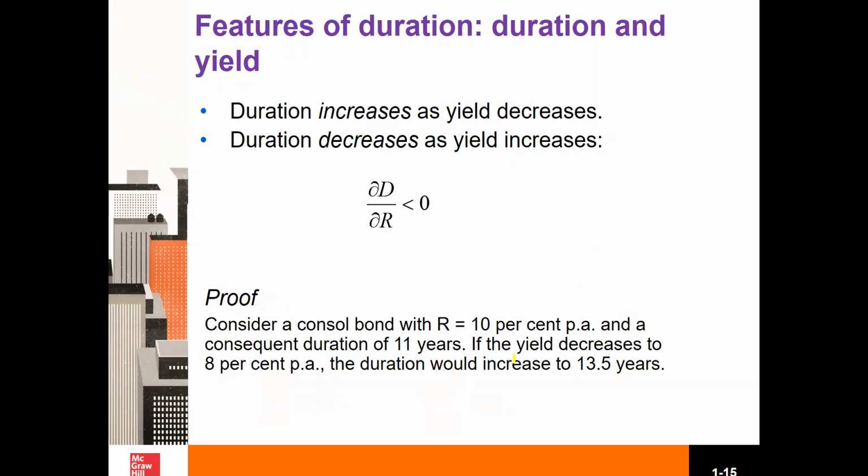Now, as yield increases, the discount rate increases, and the present value of the cash flows will decrease. As the present value of the cash flows decreases, it has a similar impact on the duration. That means duration will also be lower. Intuitively, when yield is higher, the discount rate is higher, and the later cash flows are discounted heavily.